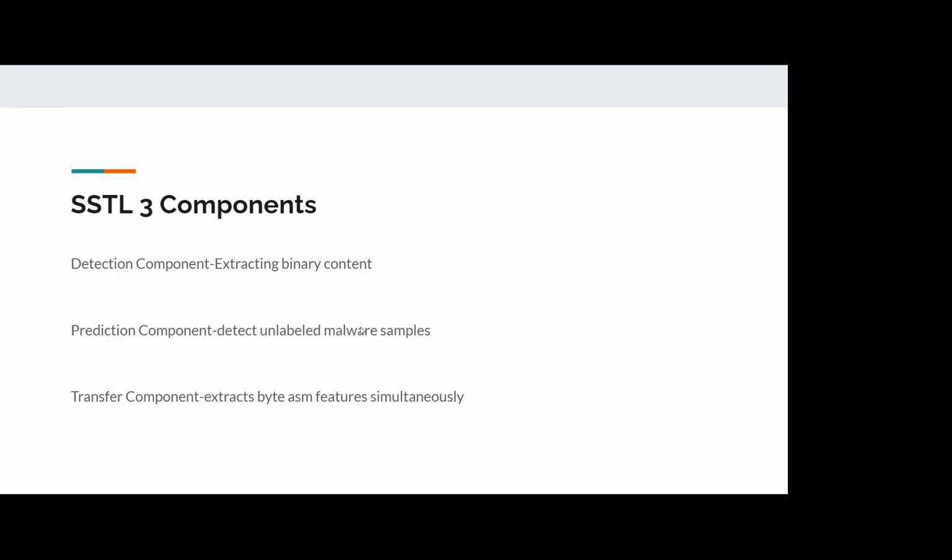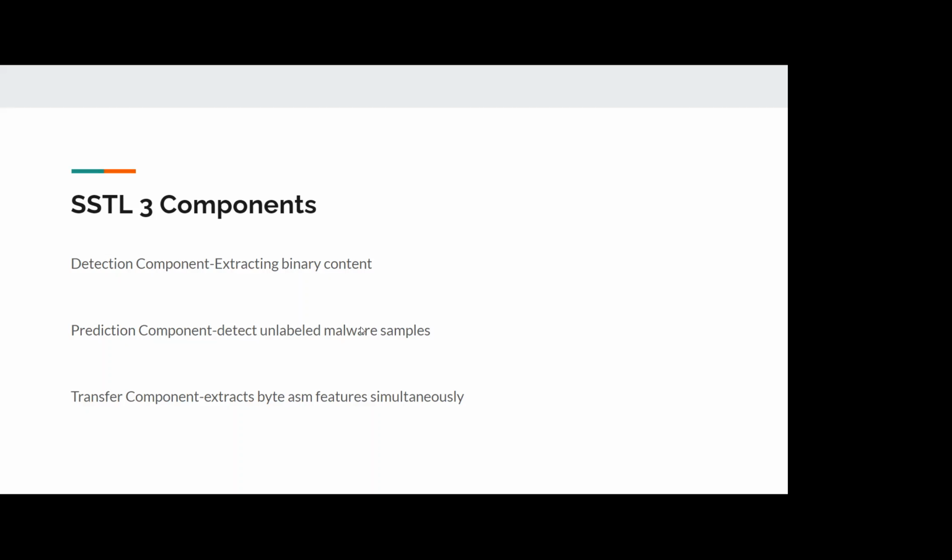So this method, the semi-supervised transfer learning model, can identify malware by using static analysis, and it has 3 components. It has the detection component, where it detects the binary content of the potential malware header file, so that it doesn't extract any private information from the file. It sends this to the byte classifier to discern whether it is related to any potential malware families.